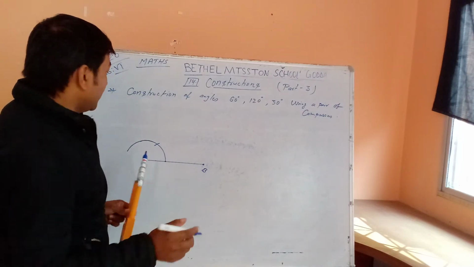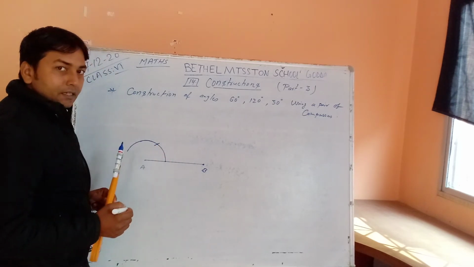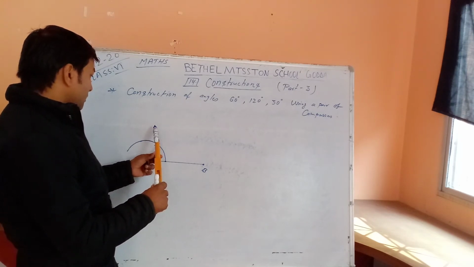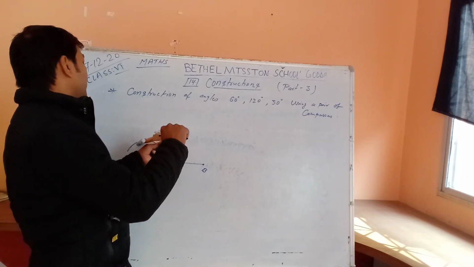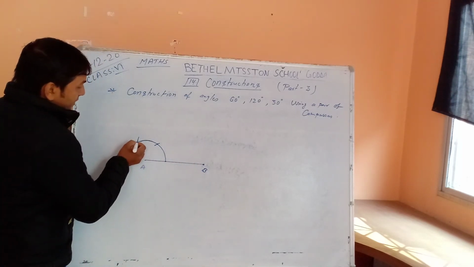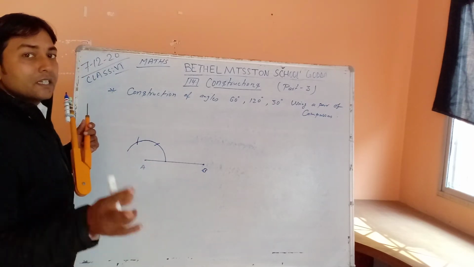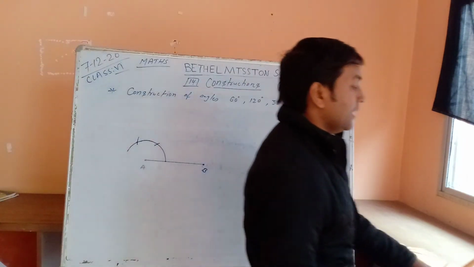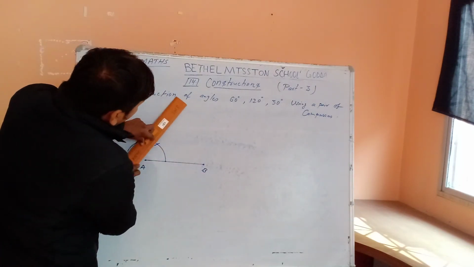If we cut once, you will get 60 degree. This is 60 degree. And from this, if you cut again, and if you match these 2 points, you will get 120 degree. Now I indicate that with a dotted line.